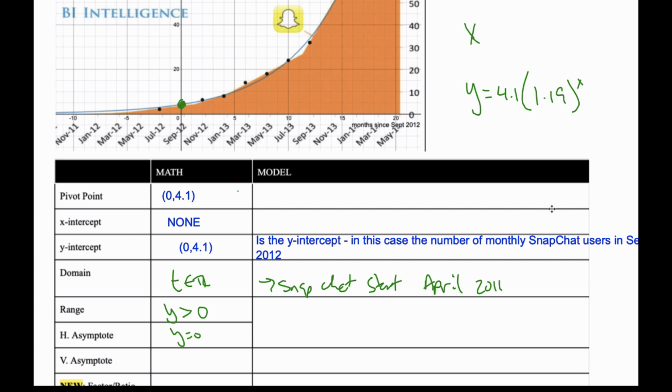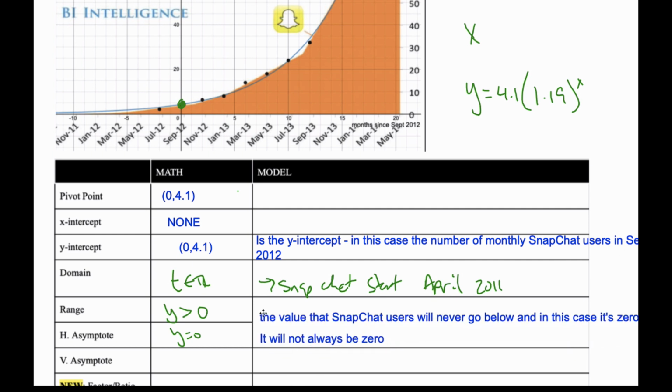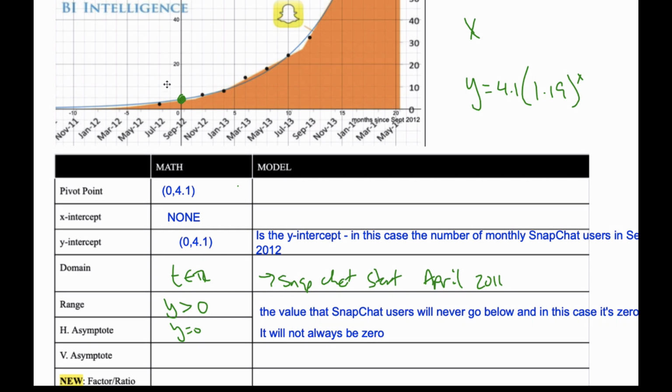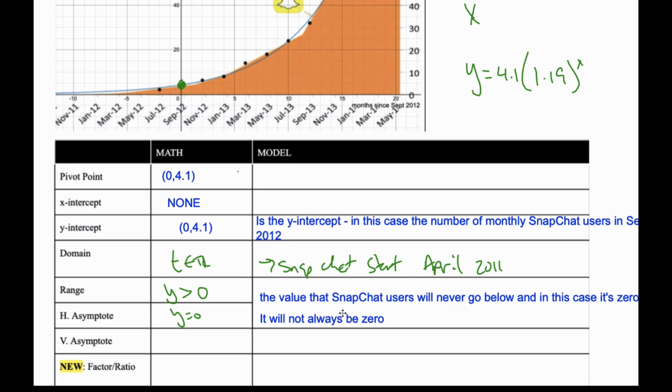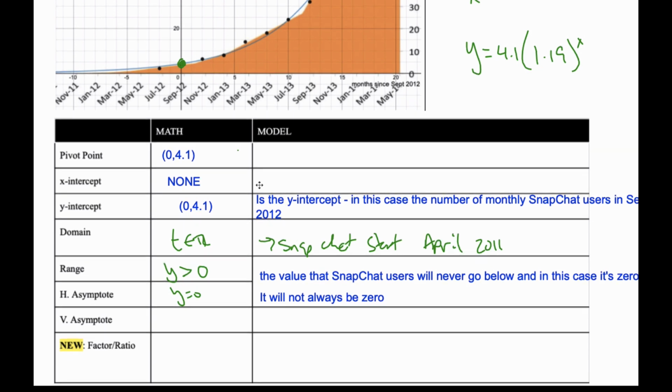And this is the value that Snapchat users will never go below. They'll never be less than 0 Snapchat users. For our horizontal asymptote, it's not always 0, it changes, and we'll talk about that more in the future. Vertical asymptotes, there are none. No vertical asymptotes for exponential functions.